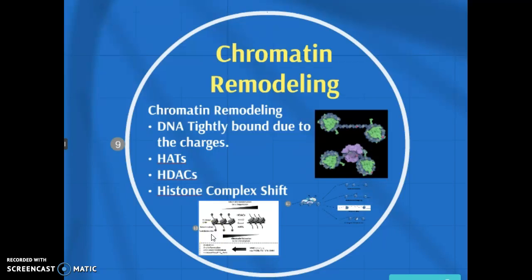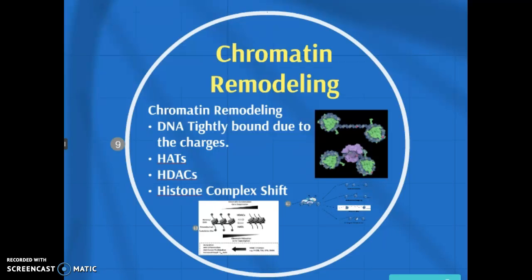HATs are histone acetyltransferases. HDACs are histone deacetylation complexes. When lysines are acetylated, it allows for the positive charge to be neutralized and weakens the bonds between the nucleosomes and DNA. When lysines are deacetylated, the positive charge is as strong as it was prior.